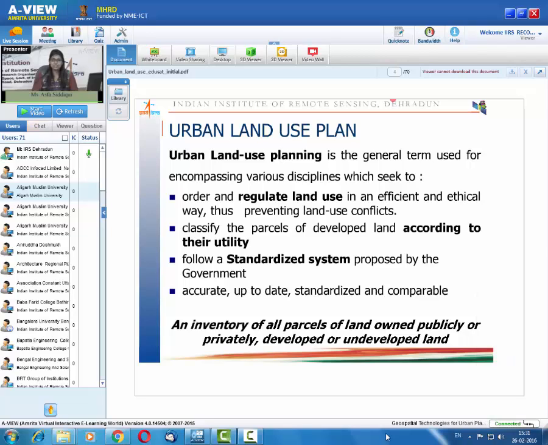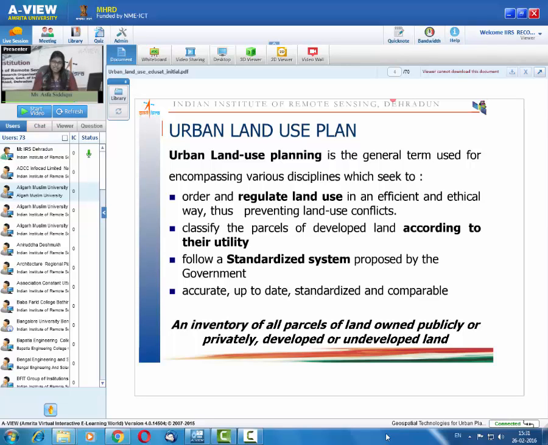So it is essential that all over the country at least, or all over the state at least, a typical standardized pattern can be followed. Of course, it has to be accurate, up to date, standardized and comparable.